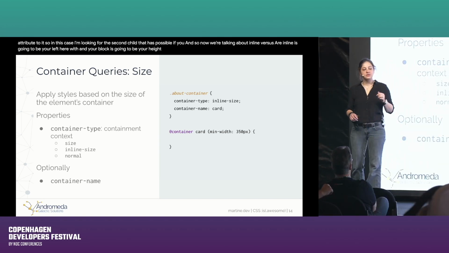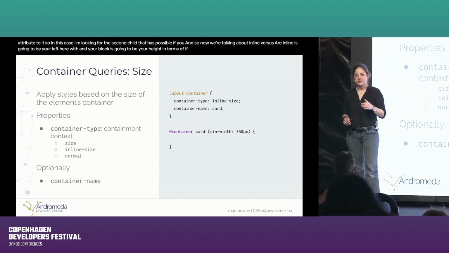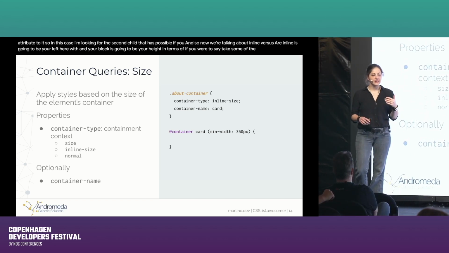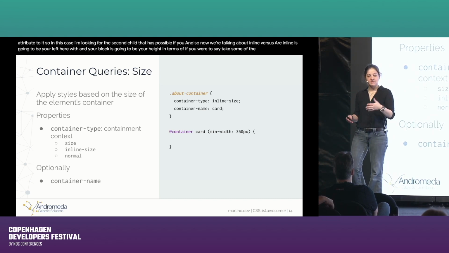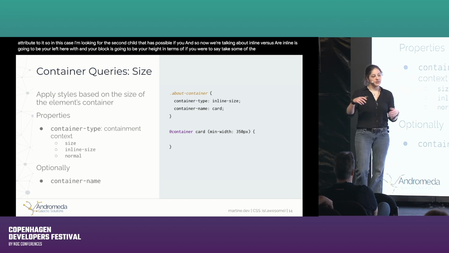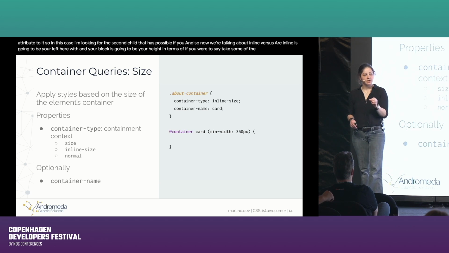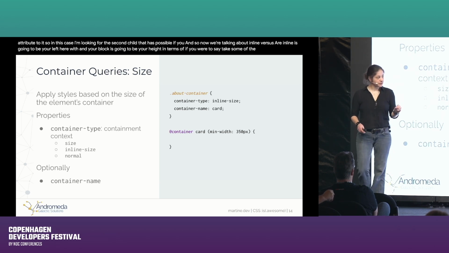If you take some of the Asian languages that can be written top to bottom, then your inline would actually be your vertical, and your block would be your horizontal. So it's all based on the language direction.